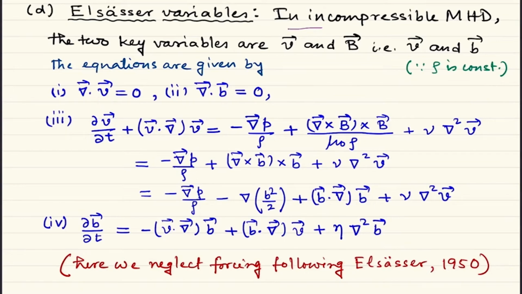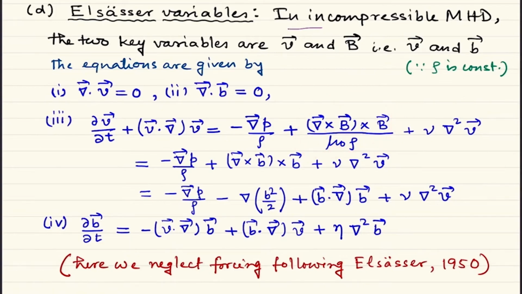Now we can write the two basic equations of incompressible MHD as this. The first one is the momentum evolution equation. So del V del T plus V dot nabla V is equal to minus gradient of P by rho plus curl of B cross B by mu 0 rho. Okay, so that is the Lorentz force term we have already seen.